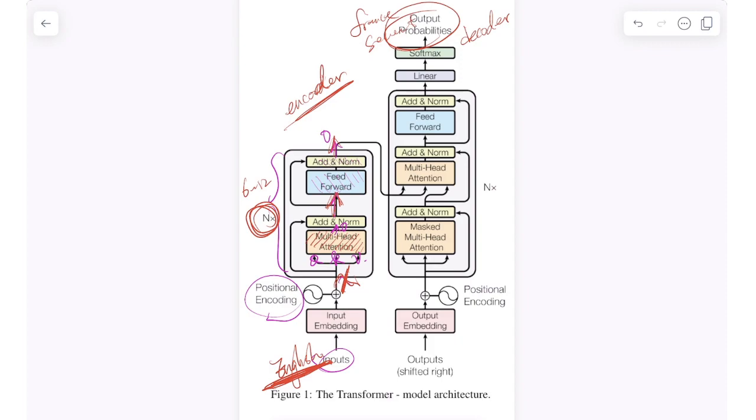So the structure is almost the same, but right here there should be a French dictionary, so that we know what exactly this vector maps to: a French word, not English words. We will talk more deeply about the encoder and decoder next week, but I think that's good enough for you to understand this structure.